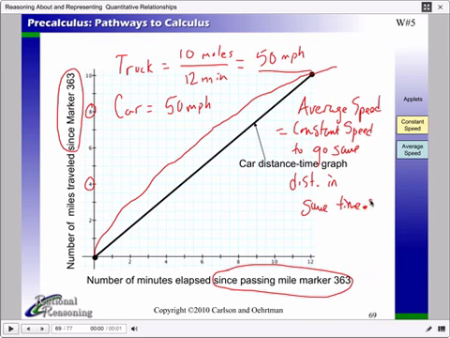So the constant speed of the car represents the average speed of the truck over those 12 minutes, represented by the car at cruise control, 50 miles per hour.